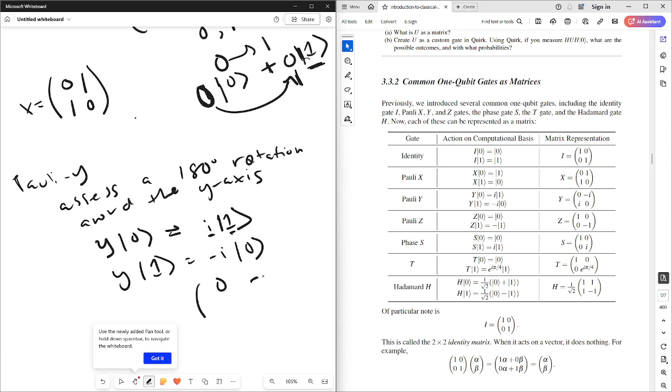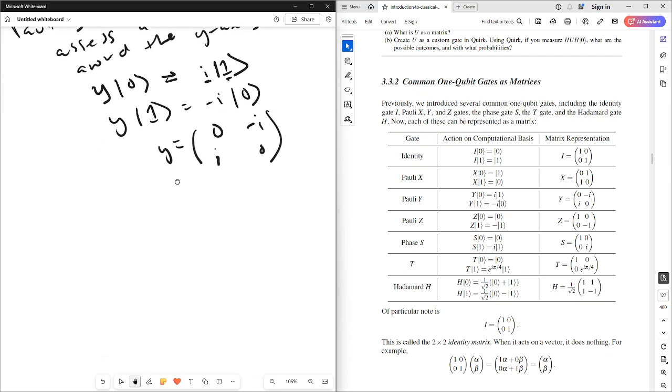Matrix form of 0, minus I, I, 0. And we'll work through using these matrix forms in the example problems coming up.